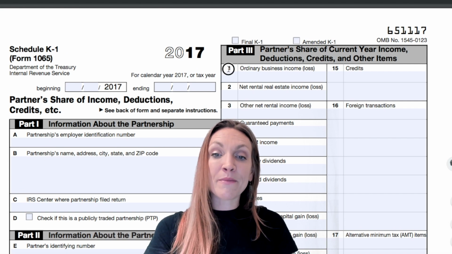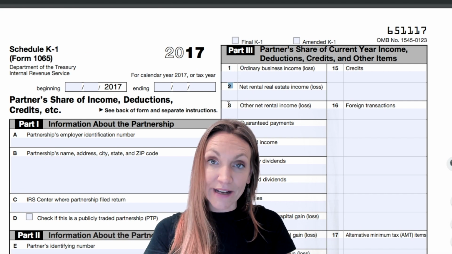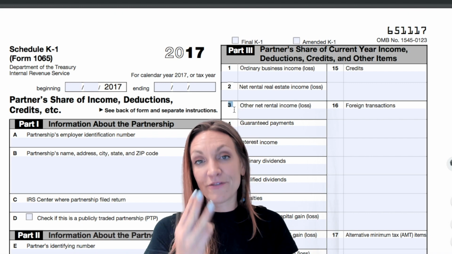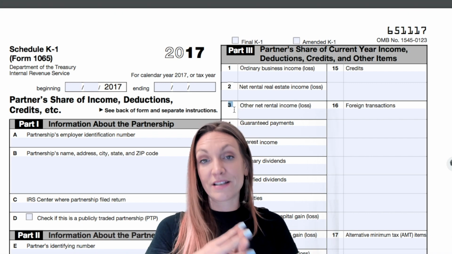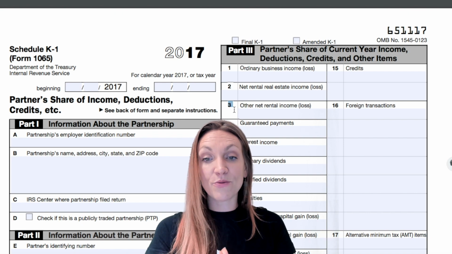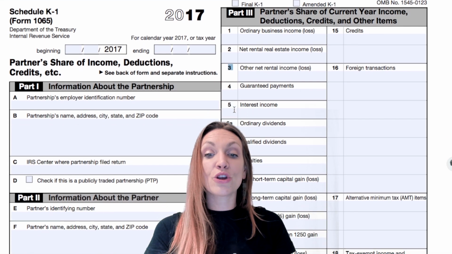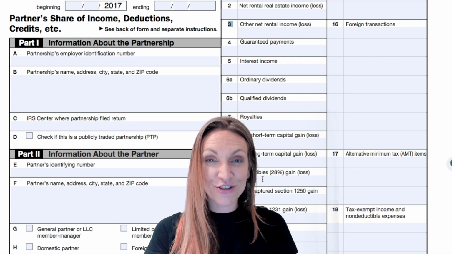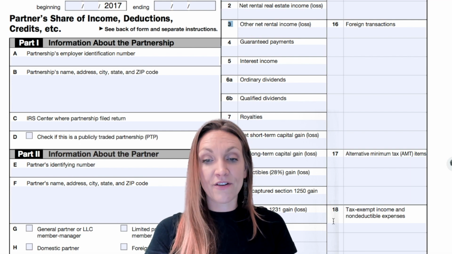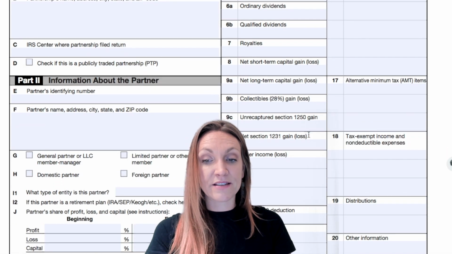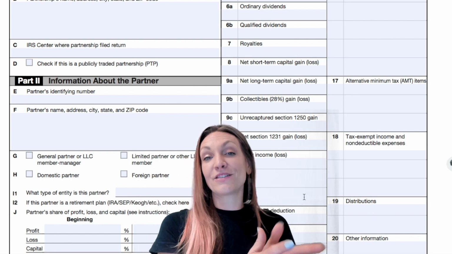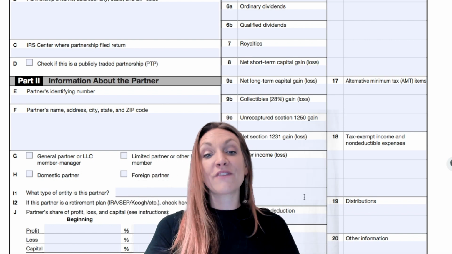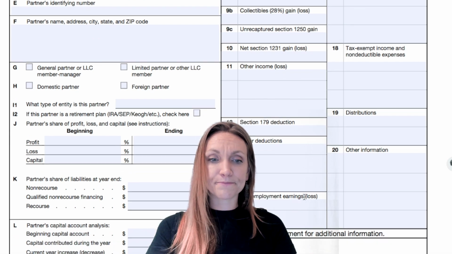Now, if you have amounts in box 1, 2, and 3, then you have 3 different types of activities that are reported differently for you as an individual. And so you should have a schedule attached telling you how all of the other amounts that are reported in these different boxes apply to those 3 activities. If you don't have it, you need to ask them for it.